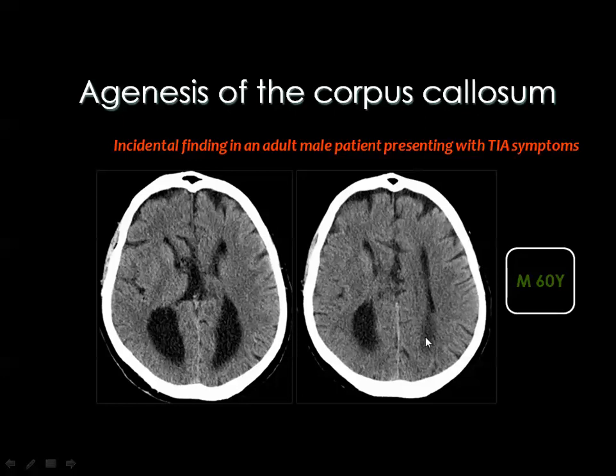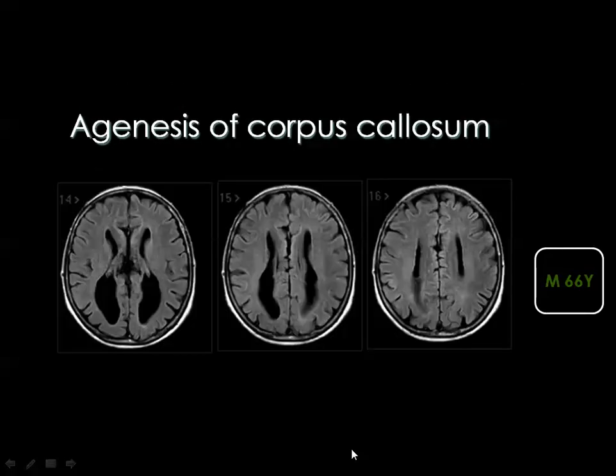The ventricles have no frontal horn, no occipital horn, no body. The configuration of the lateral ventricles is usually obtained by the presence of the corpus callosum.